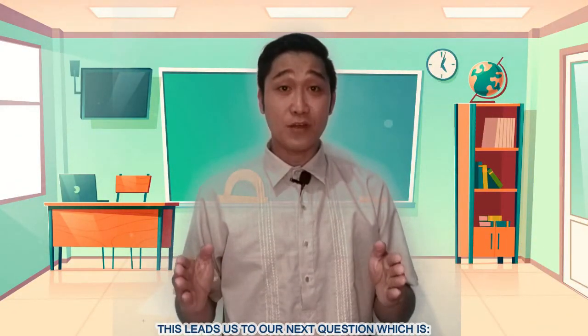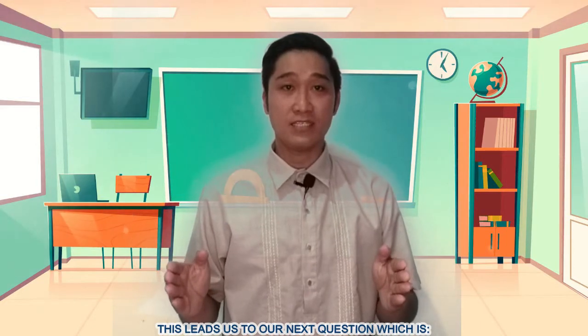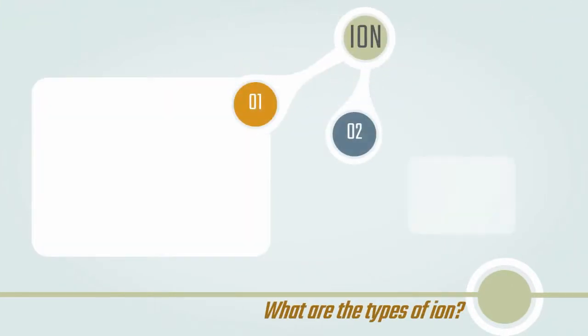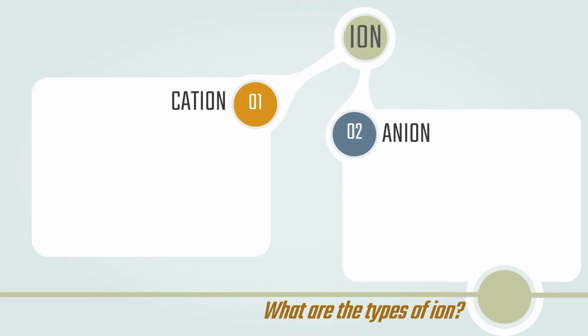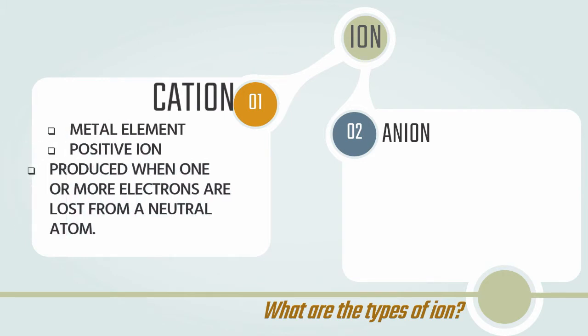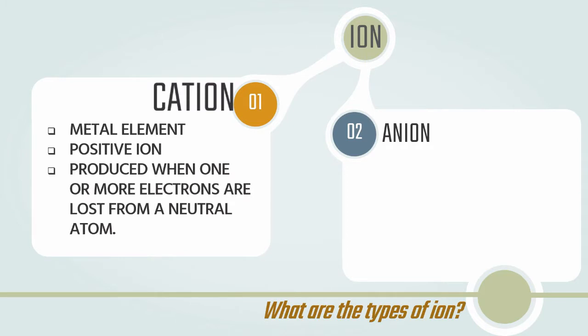This leads us to our next question, which is, what are the types of ions? Actually, there are only 2 types of ion. First is the cation, and the second one is the anion. Cation, usually a metal element, is a positive ion. It is produced when 1 or more electrons are lost from a neutral atom.